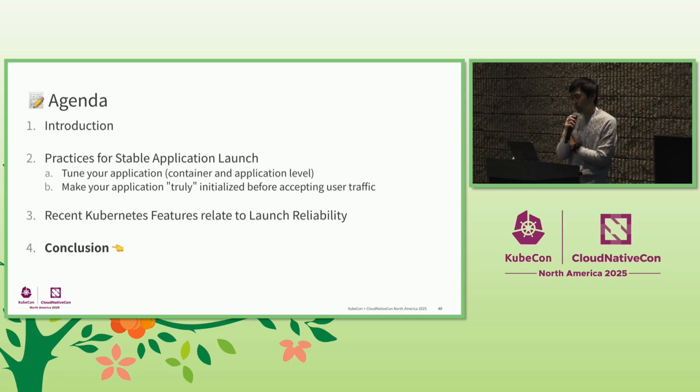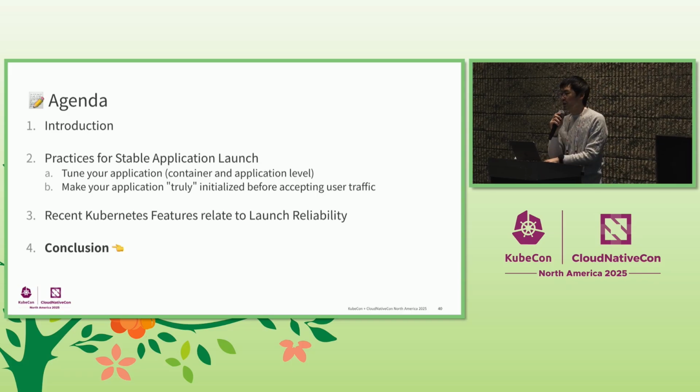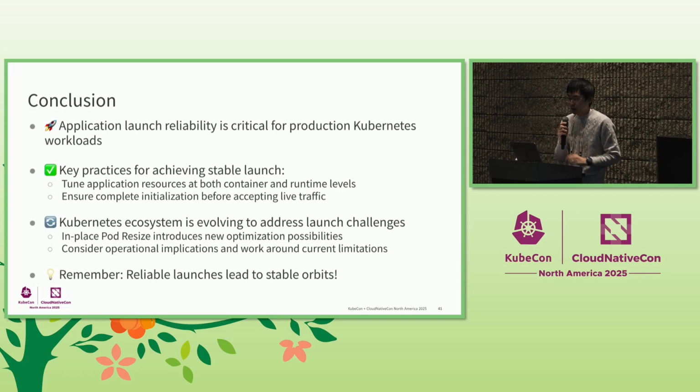Finally, let me briefly summarize and conclude this session. First, I explained why improving launch reliability is important. Startup problems are difficult to predict and can happen at any time. Next, I introduced practices to enhance launch reliability.